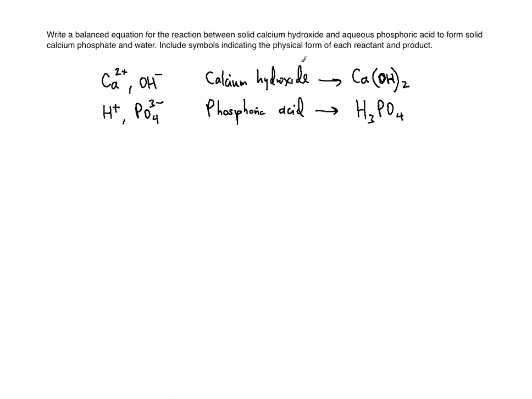So calcium hydroxide is written first, according to the sentence. CaOH2, and it's marked that it's a solid, so we have an S in parentheses to indicate that it's a solid compound, plus the next one is the aqueous phosphoric acid, H3PO4, and aqueous is written as AQ.